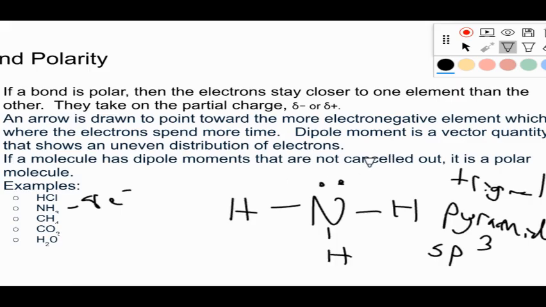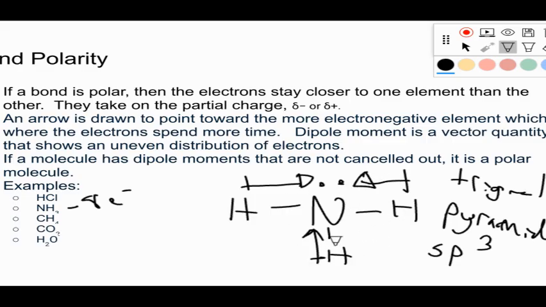And then we have to do our dipole moments. So again, if we think about our electronegativity, hydrogen is less electronegative. So what's happening is nitrogen is pulling all of the electrons from each of the hydrogens to itself.